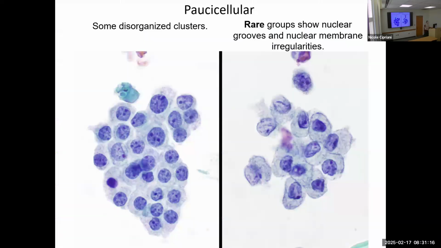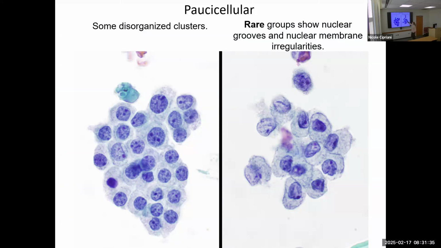Okay, questions? All right, moving back into our FNAs, so we've seen benign, we've seen Hashimoto's. What about something that doesn't have many cells, but the cells are atypical, right?